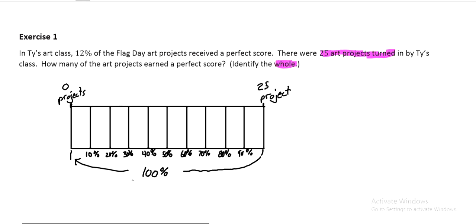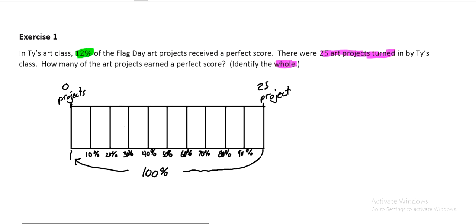But they don't say that 100% earned a perfect score. They only say that 12% earned a perfect score. So we have to figure out where 12% really stops. Here's 10%. 12% is going to be a little more than that, but perhaps before I get into that, I should figure out what number these are getting broken up by. I got 25 total projects, and I need to split that into 10 spaces.